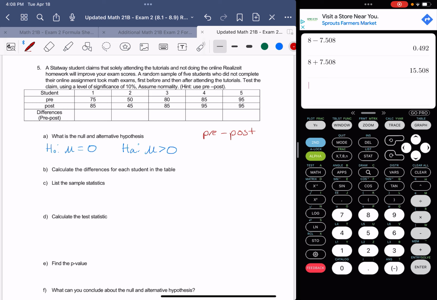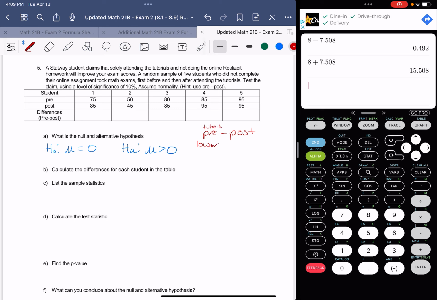So for pre minus post, you can even do an example in your own head, right? The student claims that it will improve your exam scores by attending the tutorial, right? So before, pre-tutorial, you can think of it that way.